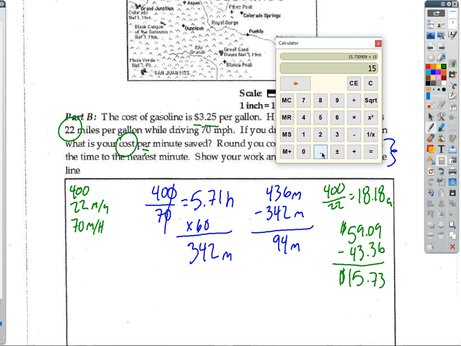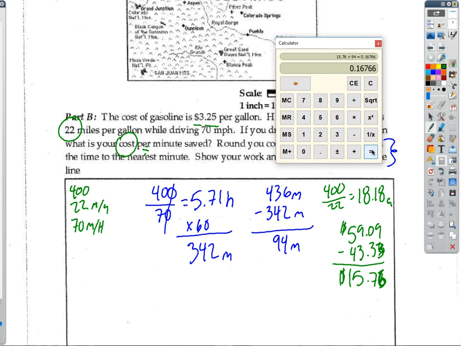So I have cost 15 point, oh my goodness. It should be 7.6. 7.6? Yeah, because it's 43.33. Oh, 33. Oh my goodness. Faster. Sorry. Okay. And I'm going to divide that by my 94 minutes.